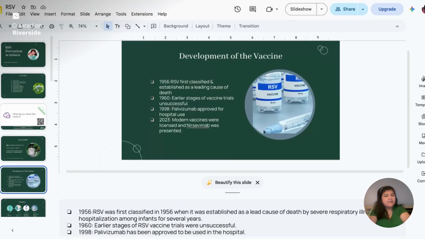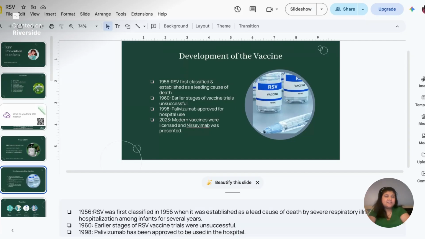The development of the vaccine. In 1956, RSV was classified, and it was established as a leading cause of death. This is scary because it comes through severe respiratory illness and hospitalization amongst infants for several years. In 1960, there were early stages of vaccine trials, which were unsuccessful.